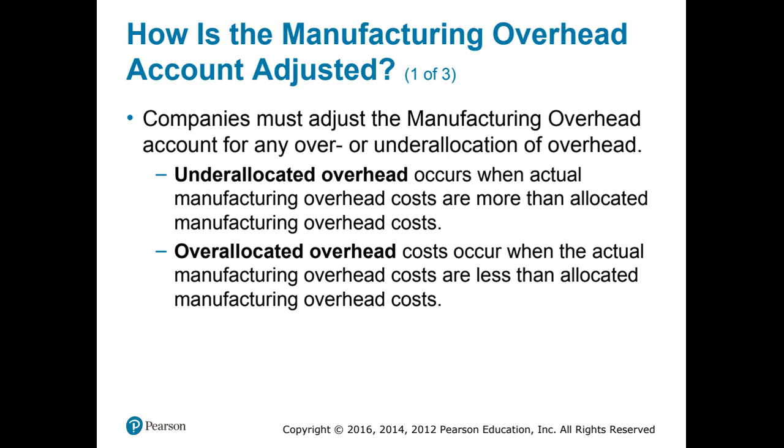Under-allocated overhead occurs when actual manufacturing overhead costs are more than the allocated manufacturing overhead cost. Over-allocated overhead is the opposite: it occurs when the actual manufacturing overhead costs are less than the allocated manufacturing overhead cost. And honestly, sometimes it's easier to just literally write that out.